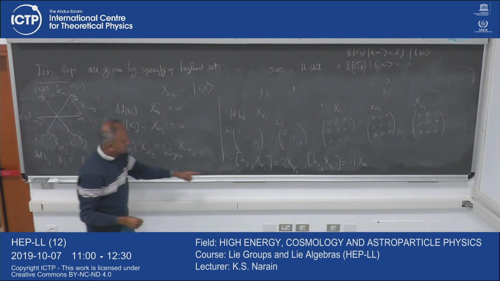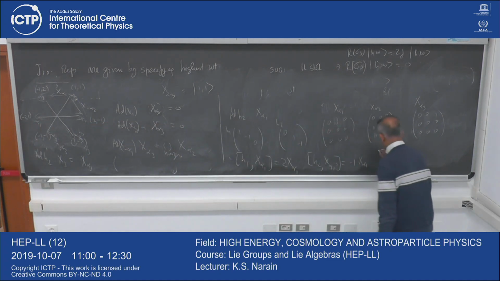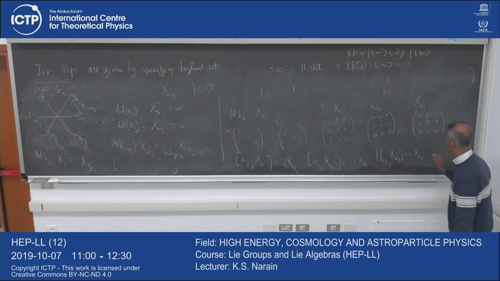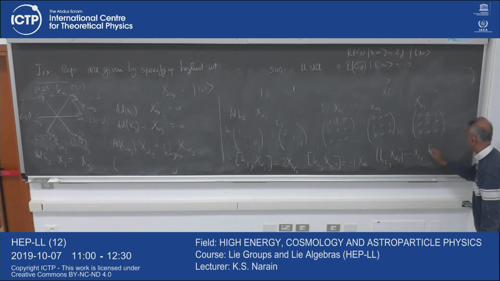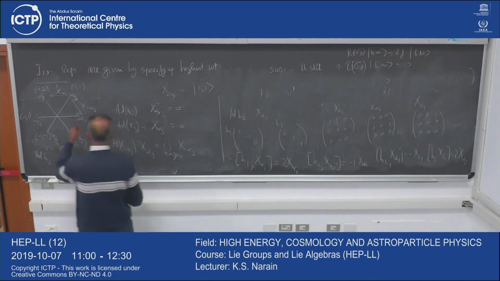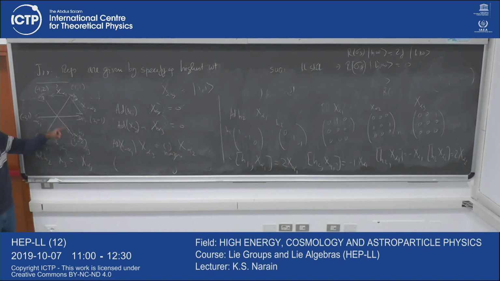There's exactly a similar statement: H2 on X alpha 1 is minus 1 times X alpha 1, and H2 with X alpha 2 is 2 times X alpha 2. So therefore you again add up the eigenvalues of this with the X minus alpha 2's eigenvalues, and you get that.